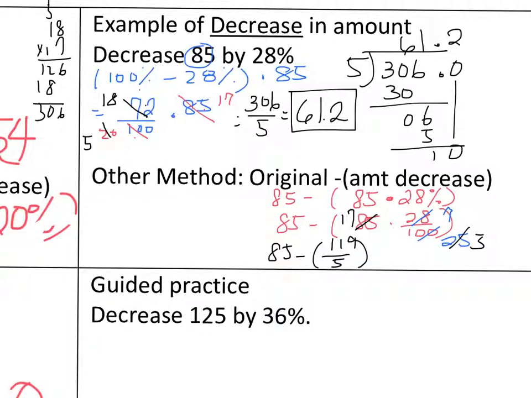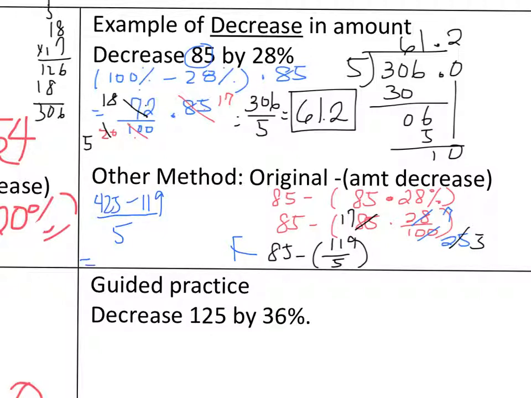Okay, and then this looks a little messy, but that's okay. Okay, I'm going to rewrite this here. So that would be 425 subtract 119.